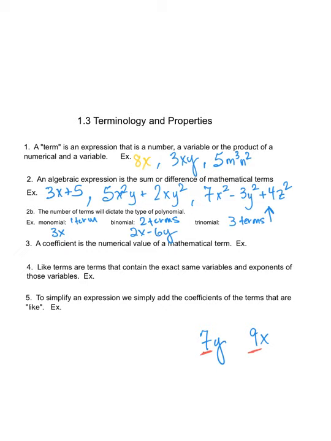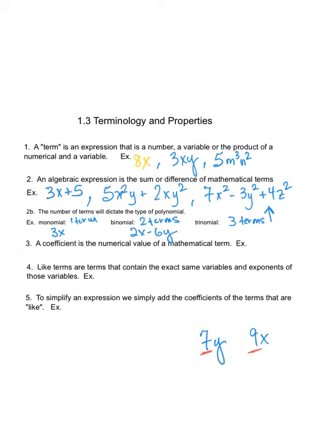Now, bonus knowledge, this is so important that you understand. What does a coefficient tell you? What is the significance of the coefficient? It's being multiplied by something. Wonderful, and that's what I expected you to say. Ladies and gentlemen, when you have 7y, it means 7 times y.